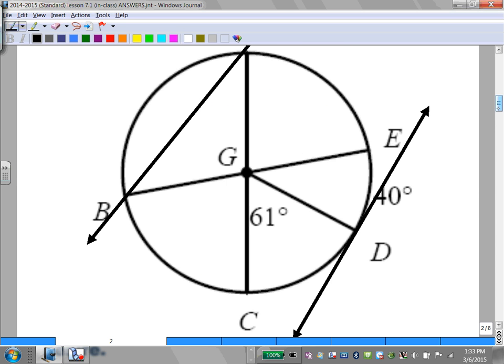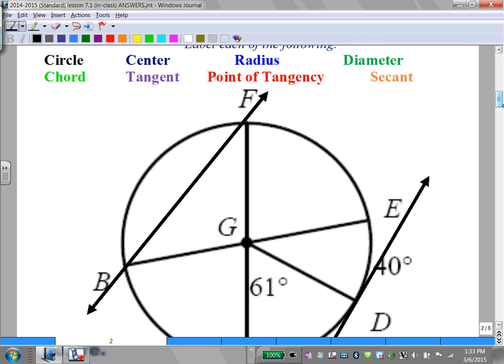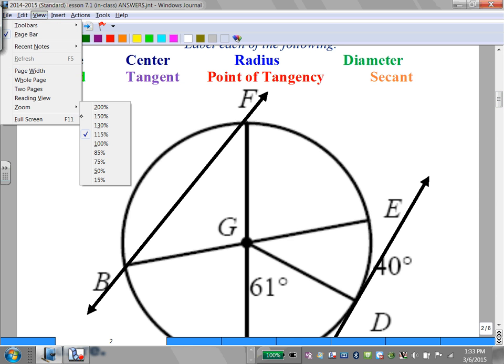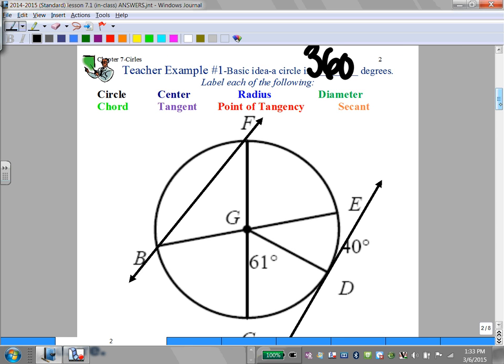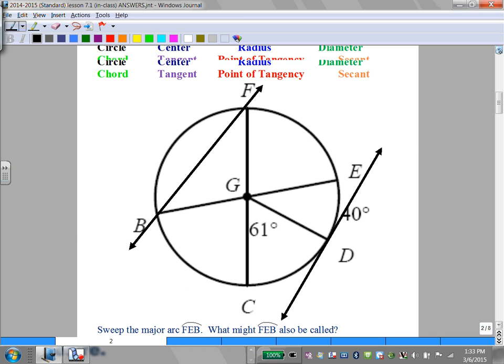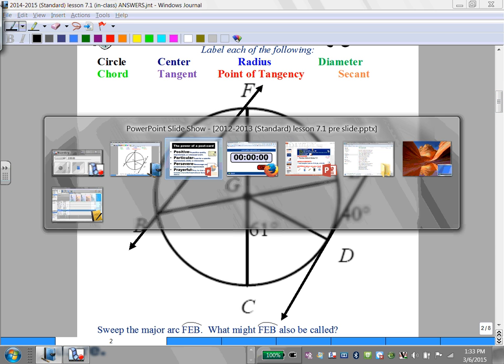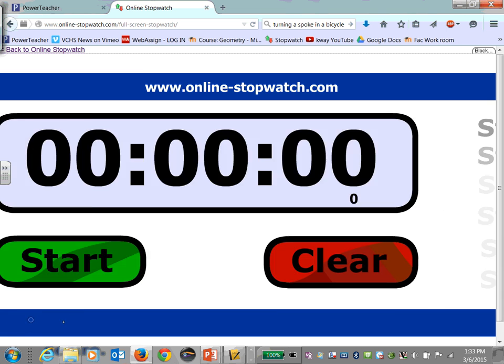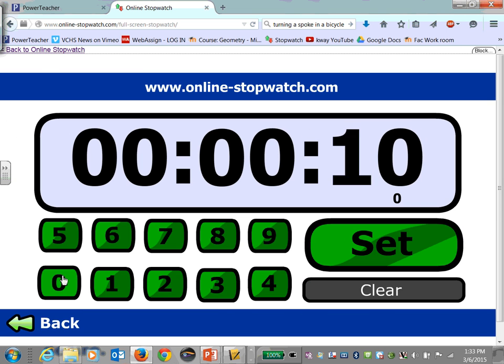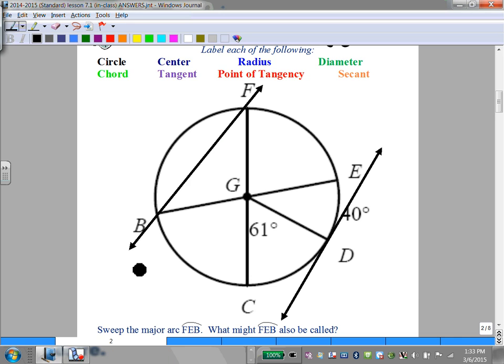If you did the video last night, these terms are easy. I'd like you to label in 1 minute everything you remember. Go. In 1 minute, attempt to label those. If you did the videos, this should be relatively easy. Try to label as many of those as you can.